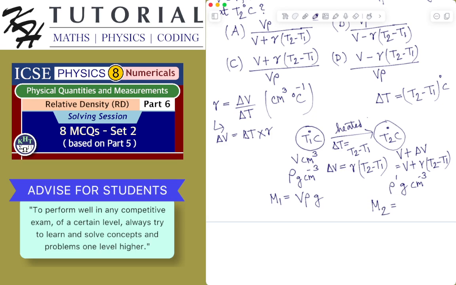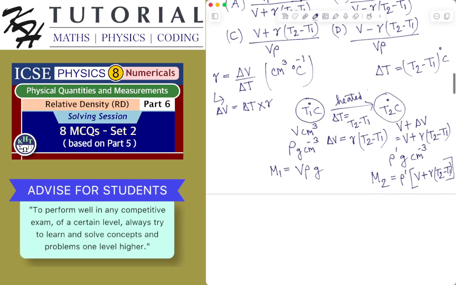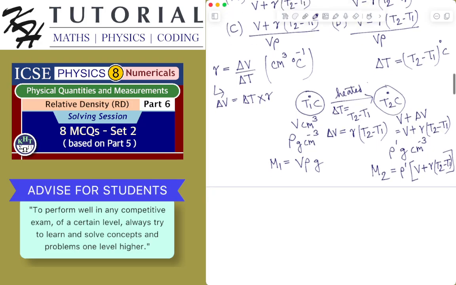Density we have assumed to be sigma dash, and the volume we know is V plus V gamma into T2 minus T1. Now clearly the mass is constant, so m1 will be equal to m2, as mass is constant.